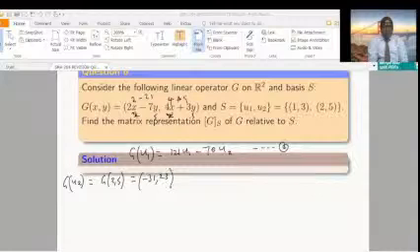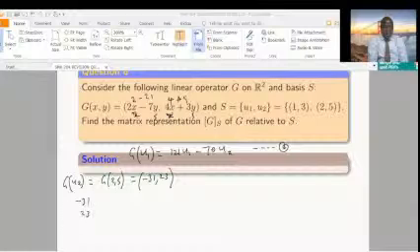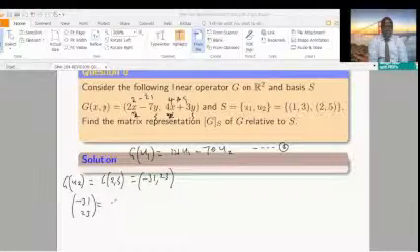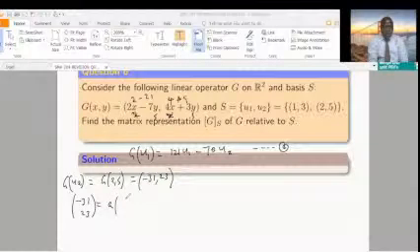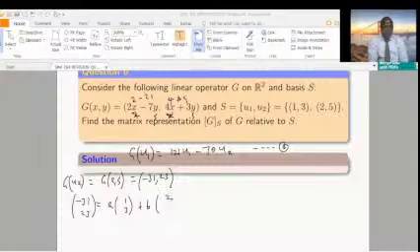Now write this as a linear combination of U1 and U2. That means find scalars A and B such that this will equal A multiplied by 1, 3 plus B multiplied by 2, 5.